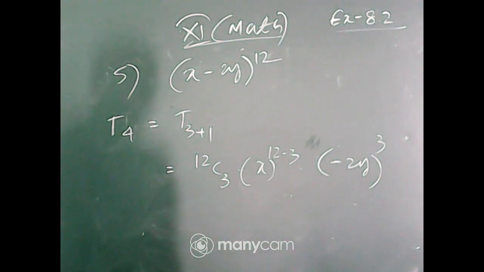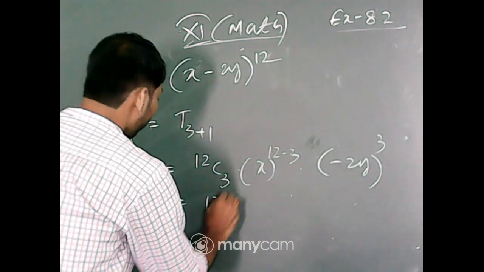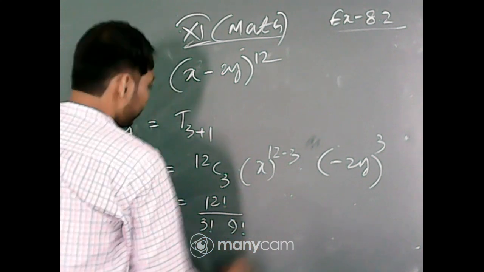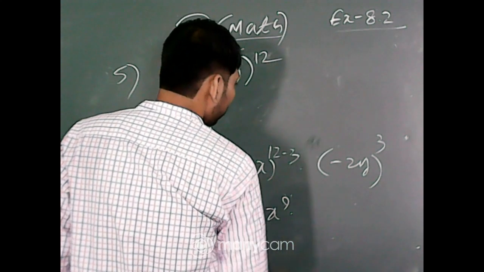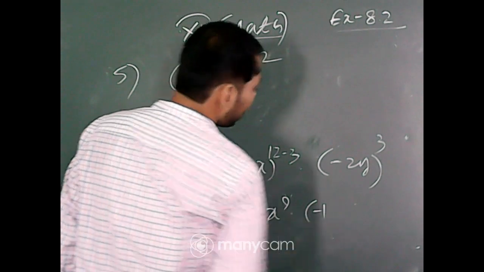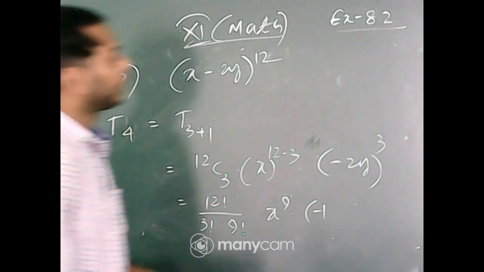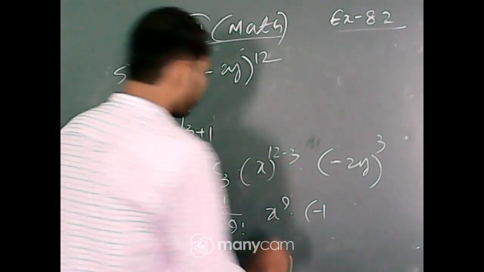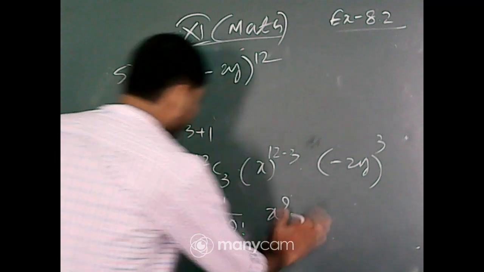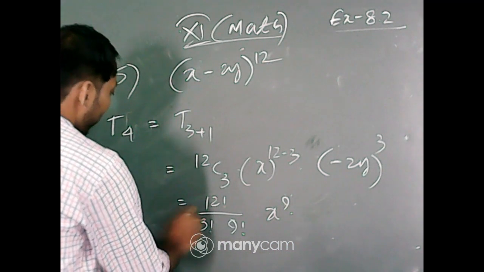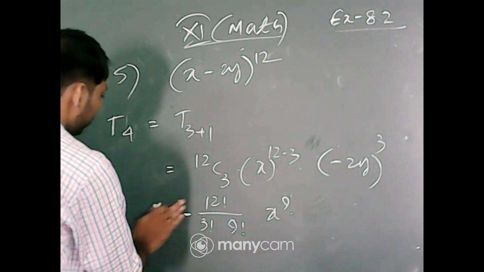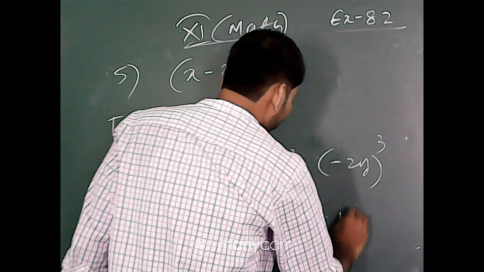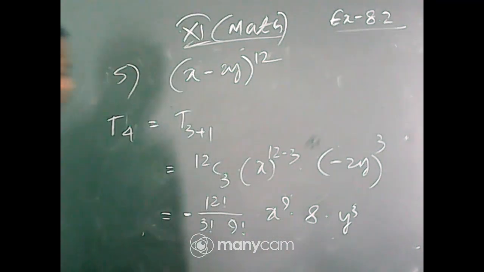Okay. Then it will be 12 factorial by 3 factorial into 9 factorial, and minus 1 cubed will give you minus 1. So I am writing minus at the beginning. Then there is a 2 cube, that means 8, and the last term is y cube.